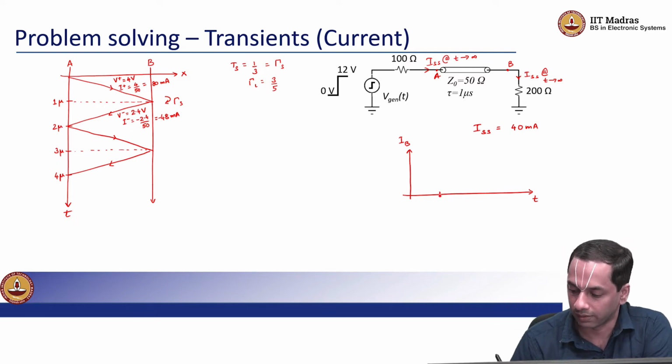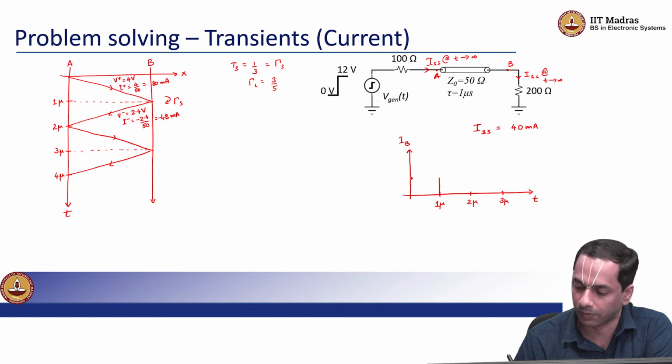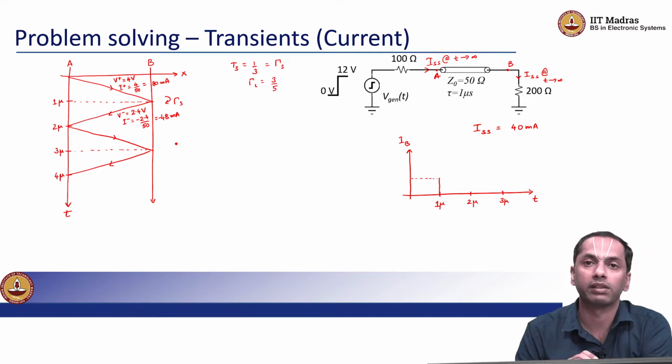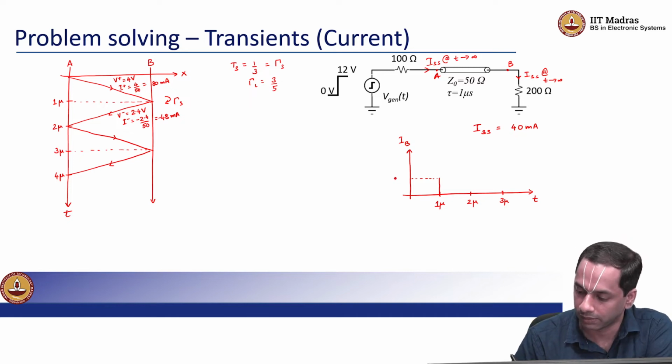We actually see that there is no current flowing through the load for the first 1 microsecond, and then there is a jump to a value which is 80 minus 48, right? So about 32 milliamps.